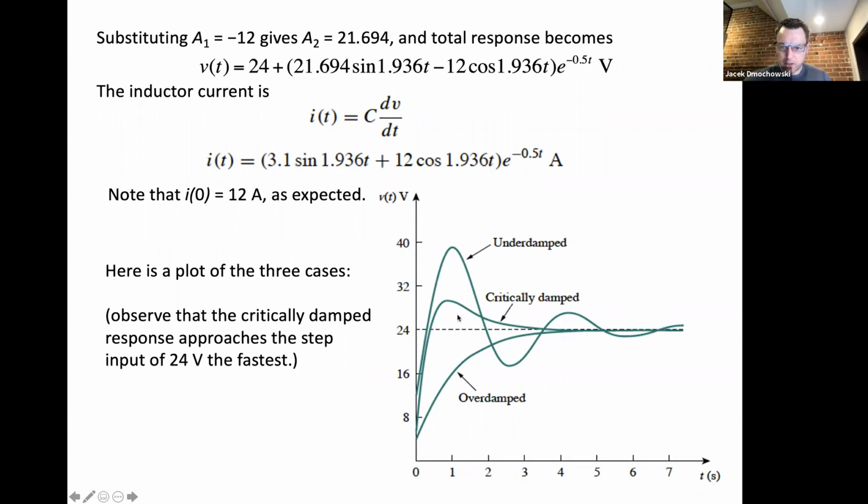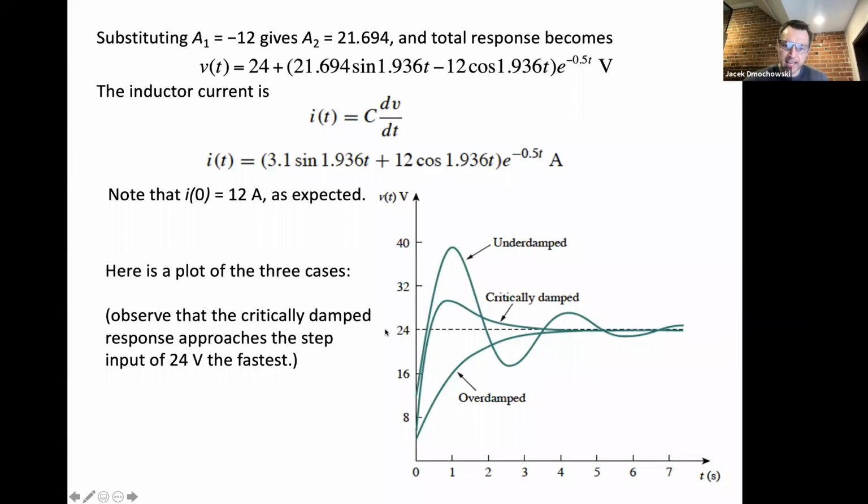And let's talk a little bit about the plot. So the three cases will look different. If you plot V of t as a function of time, you will be able to distinguish what kind of solution you had. So the underdamped case is the one that has the oscillatory component. And the critically damped case is the one that takes the longest to decay.